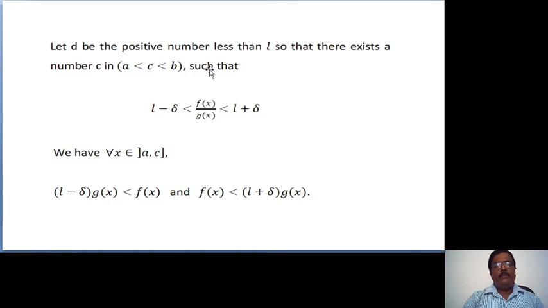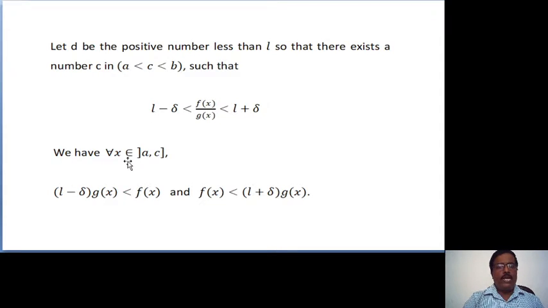So let delta be a positive number less than L. Assume that delta is any small positive number which is less than L. Then there exists a number c in between a and b such that L minus delta is less than f of x by g of x, which is less than L plus delta.